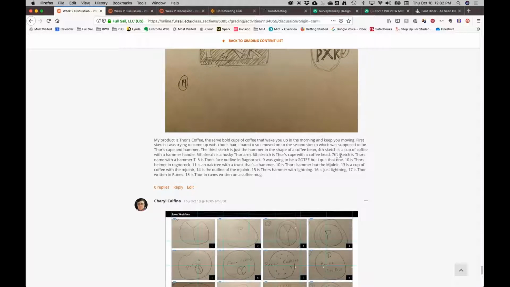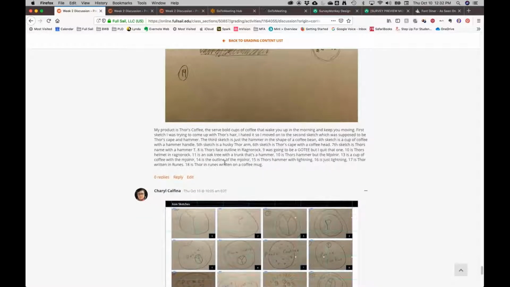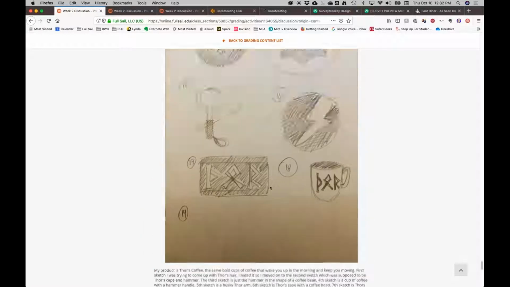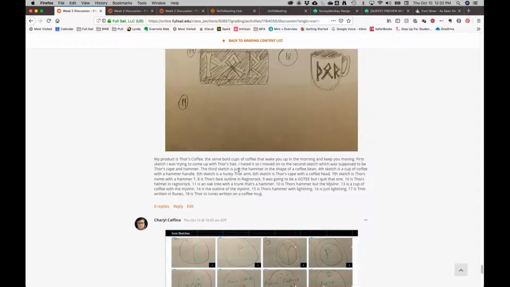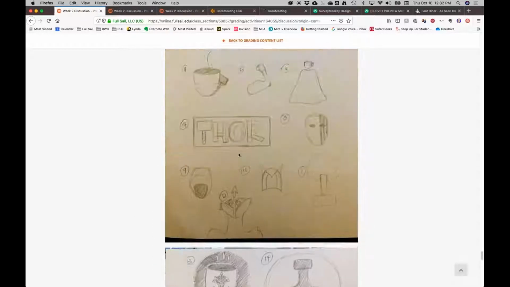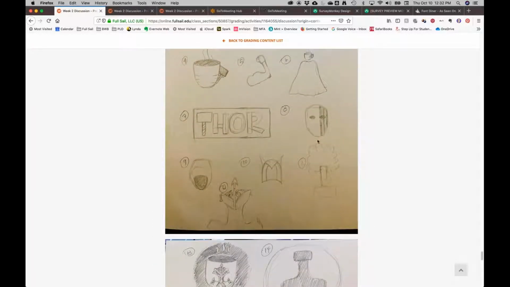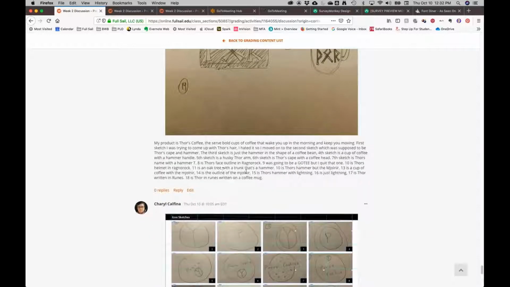Thor's cape with a coffee head. Thor's name on the hammer. Thor's face outline in Ragnarok. Is that number 8? Yeah. Oak tree with, that's a hammer.